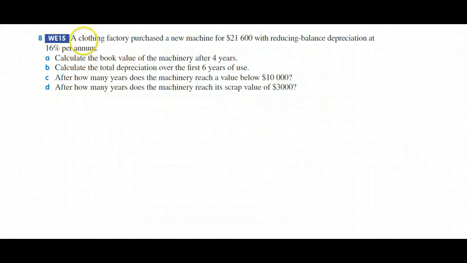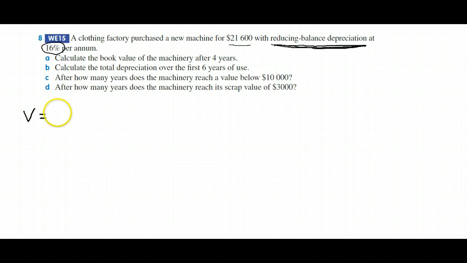Okay, question 8 says a clothing factory purchased a new machine for $21,600 with reducing balance depreciation at 16% per annum. We need to calculate the book value of the machinery after the first 4 years of use. So obviously this is a reducing balance depreciation problem, so we're going to need to use the reducing balance equation, which looks like this.